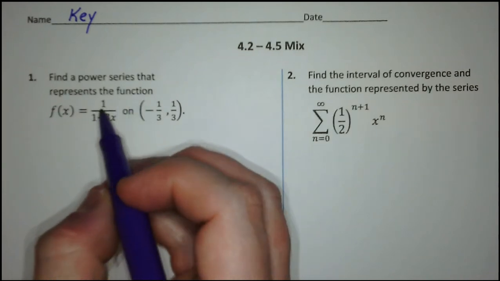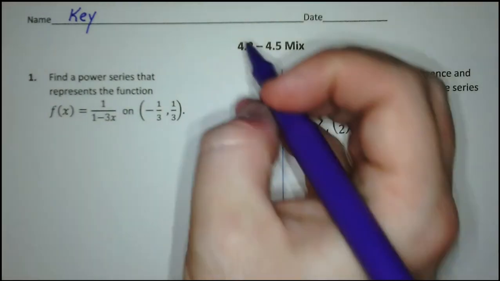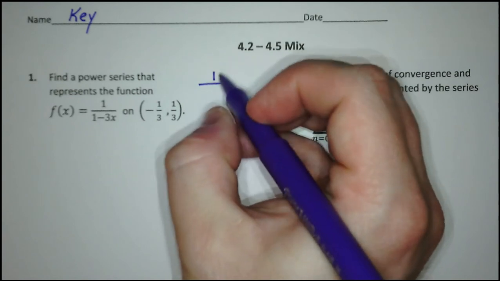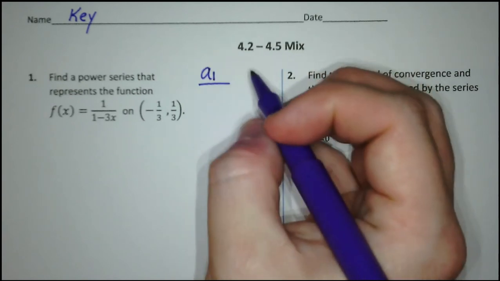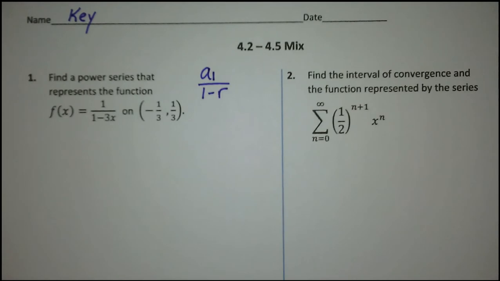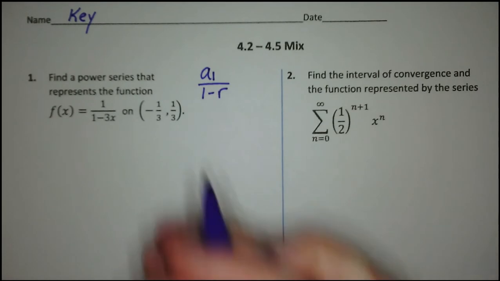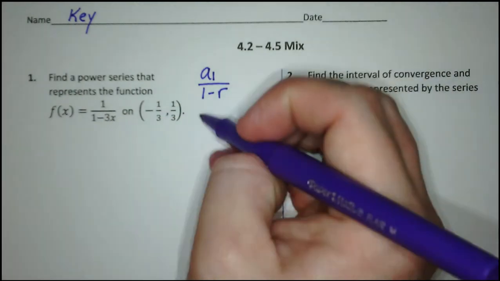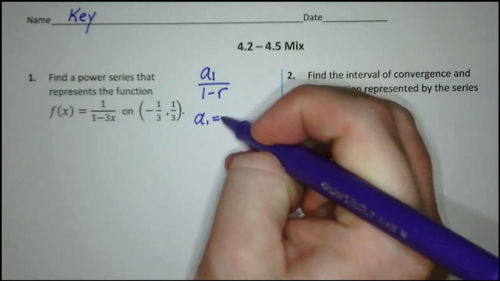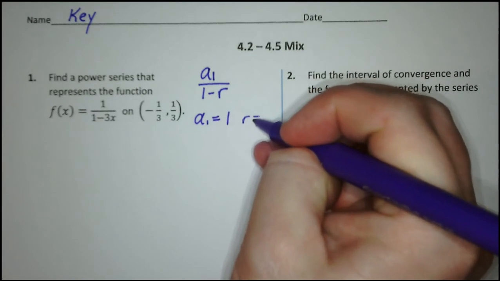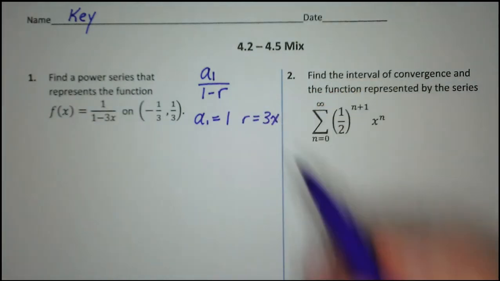Well, I hope you look at this function and see how it basically matches up with a sub 1 all over 1 minus r. So that would make our first term 1, 1 minus 3x, and that would make our common ratio.